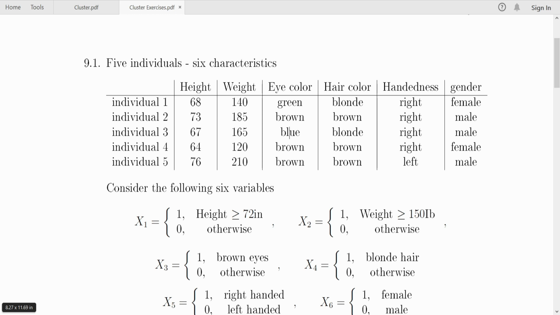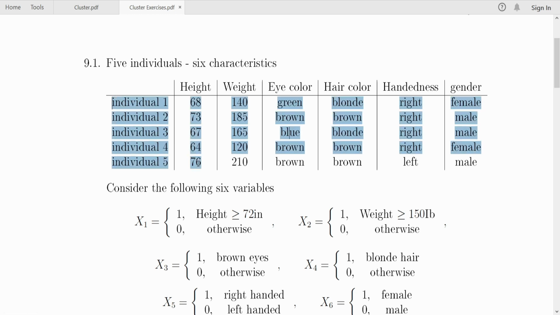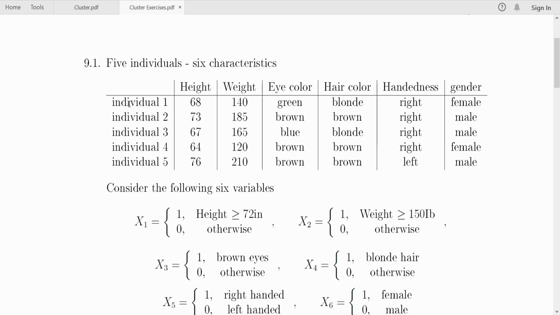The one starts with grouping all 5 individuals. In the divisive hierarchical method, we first create 2 subgroups that are the least similar, let's say, far away. And then we continue until each one is its own subgroup.